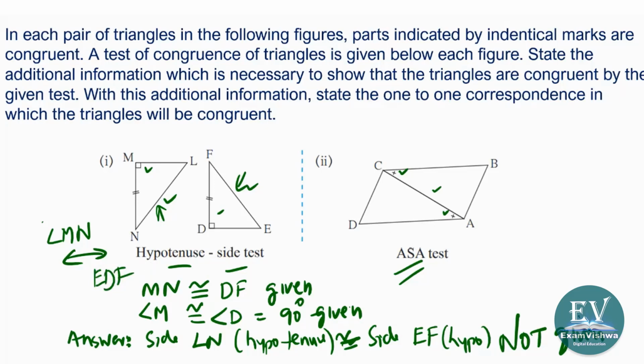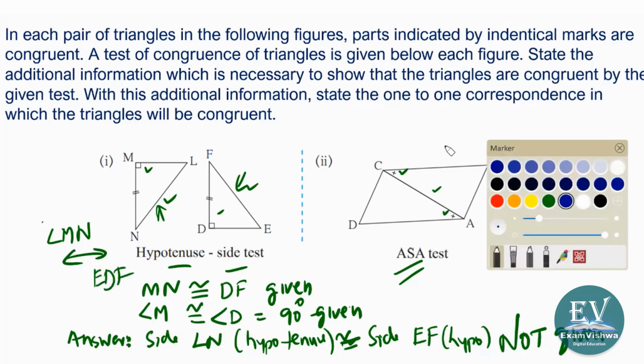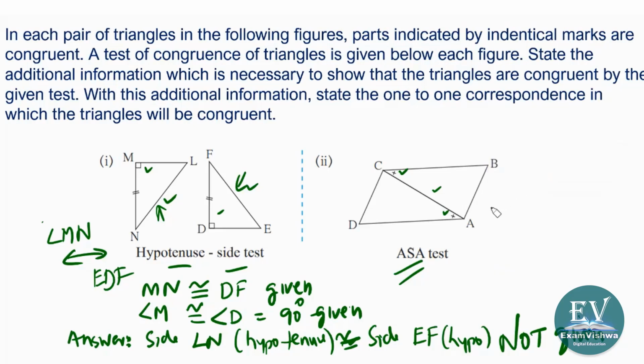Okay, coming to the other one, second one. State one-to-one correspondence. What is given here? These are congruent. Angle BCA and angle DAC are congruent. Side CA is common, no problem.